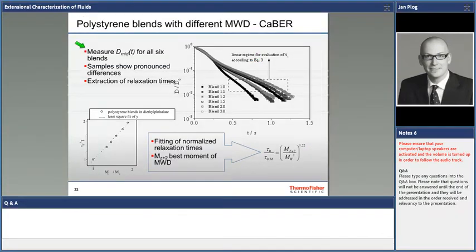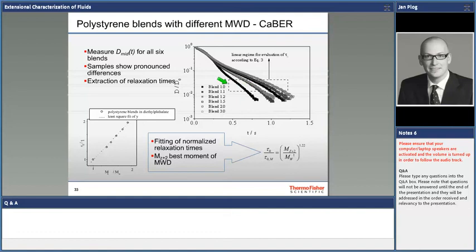When you look at the same polystyrene blends now in a capillary breakup experiment on the CaBER, you see huge differences in the breakup behavior, and not just in the breakup behavior, but of course also resulting in the viscosity and the relaxation time.